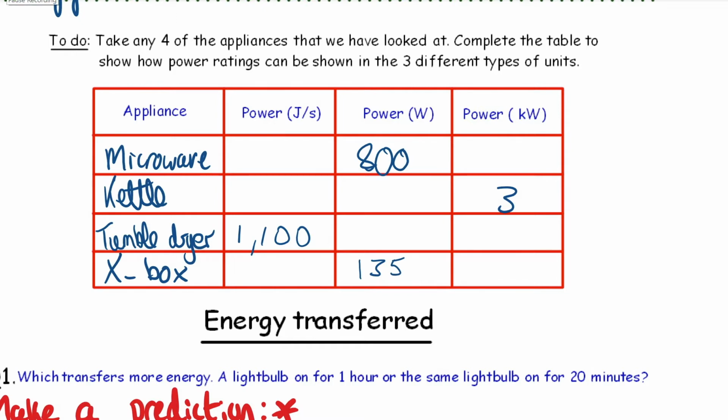The power rating of the microwave is 800 watts. That can be written down as 800 joules per second, or 0.8 kilowatts. Therefore, what you need to do is that row, and that row.